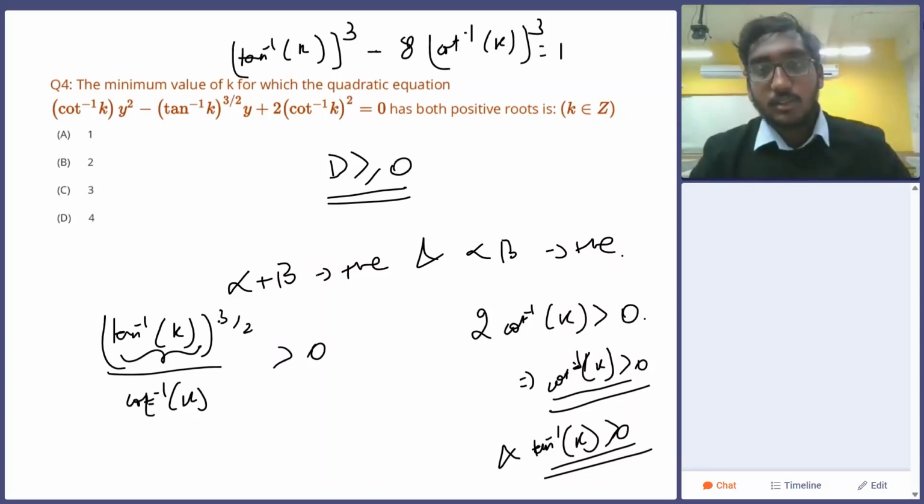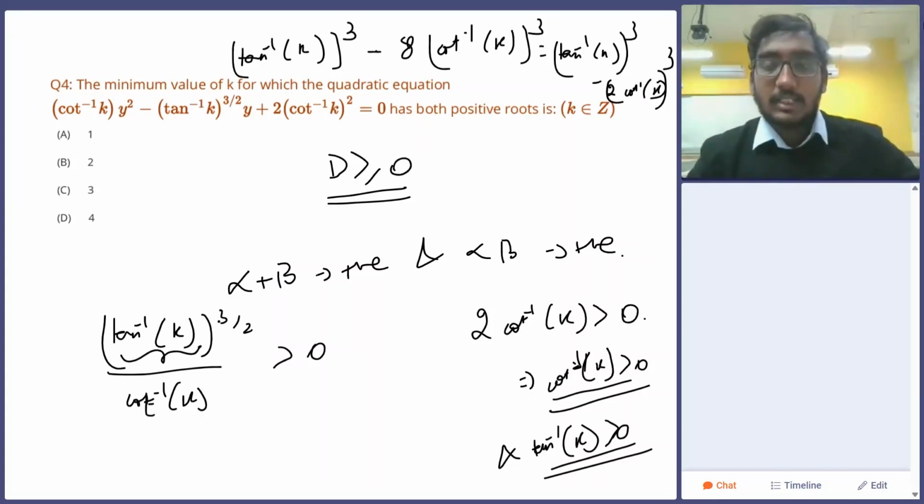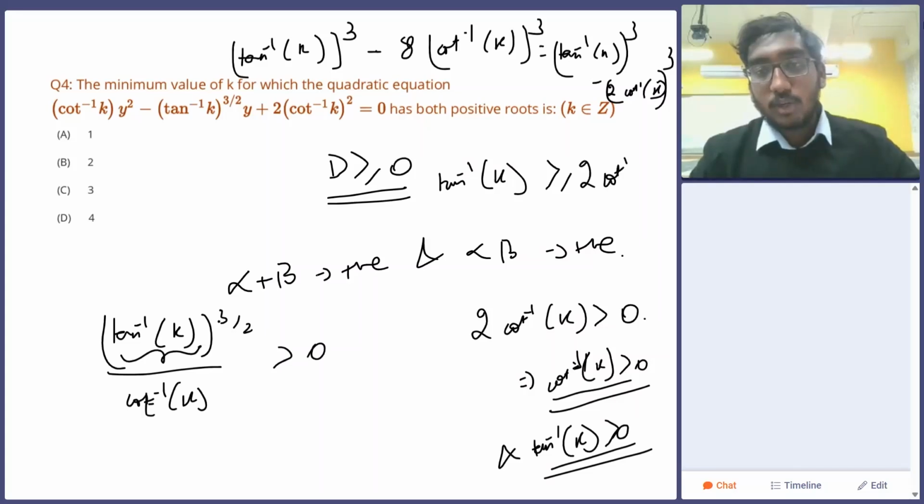So that is basically (tan inverse k) whole cube minus (2 cot inverse k) whole cube. This is the value of the discriminant, and it should not be negative. Or you can clearly say that tan inverse k should be greater than or equal to 2 cot inverse k.